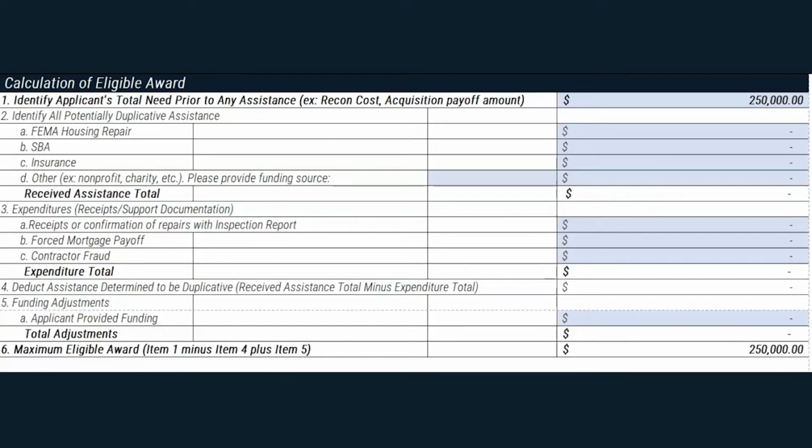In number 2 of the form, the subrecipient will list all assistance that the applicant identified as all assistance received for the property for recovery from the disaster being applied for or any subsequent disaster.